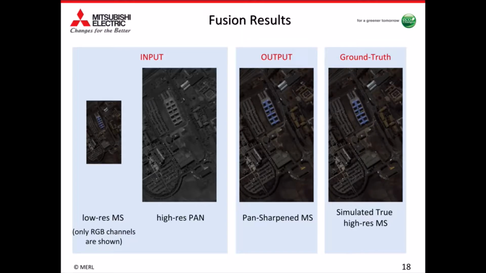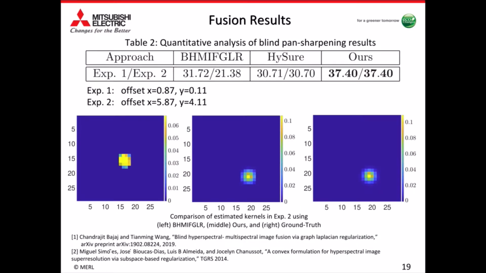We conduct two experiments. The first experiment corresponds to small misalignment, and the second experiment corresponds to large misalignment. We can conclude that in both experiments, we obtain consistent average PSNR, and the average PSNR is much larger than related work, with nearly 6 dB higher than HiSHOR's PSNR.